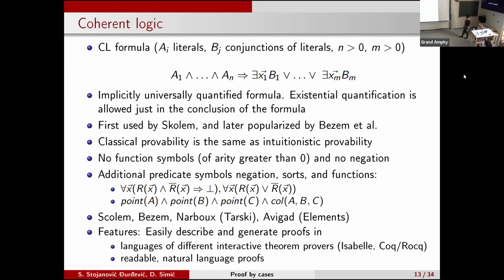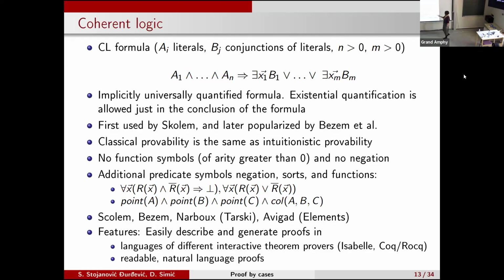and then it's more or less straightforward to formalize everything. As I said, a lot of people worked on coherent logic. So Skolem and Bezem knew they were working on coherent logic, and they said they were working on coherent logic. Narboux and Mr. Avigad, I cannot say that they didn't know, but they didn't call it coherent logic.